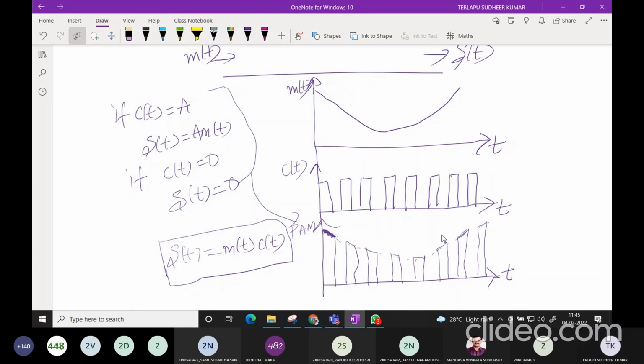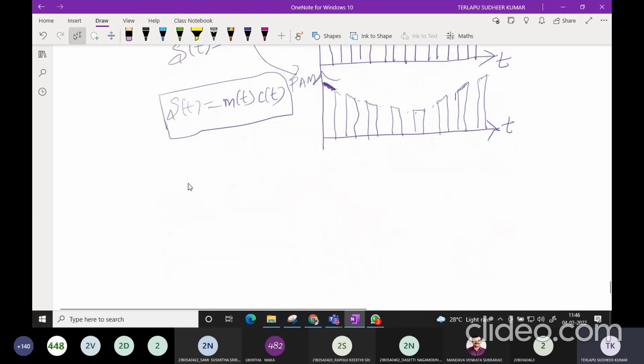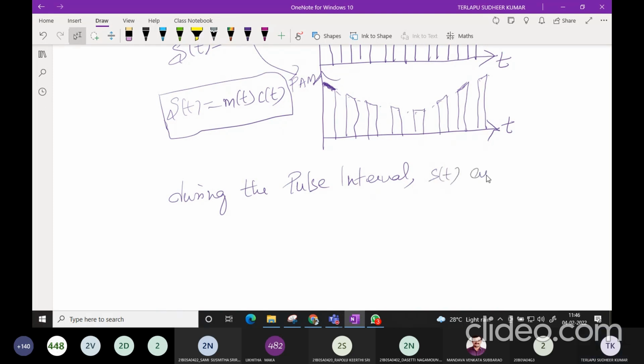Point number one: during the pulse interval, S of t amplitude is varying and is proportional to M of t.